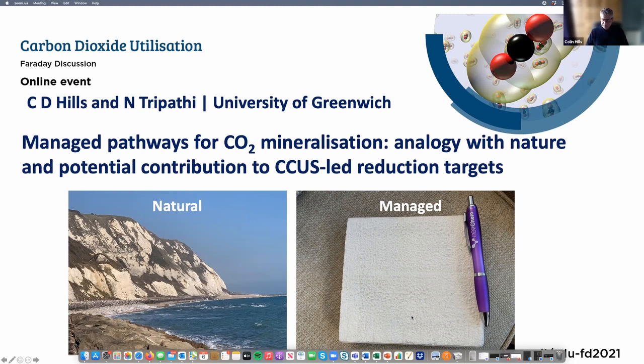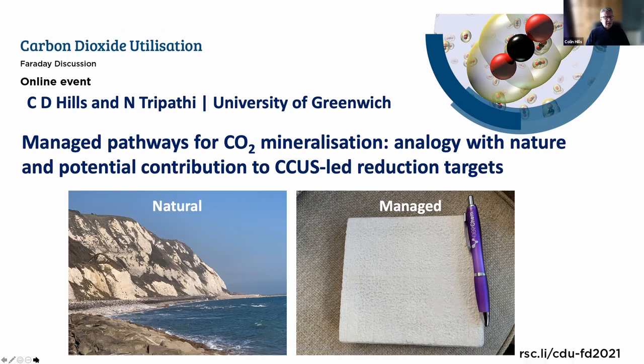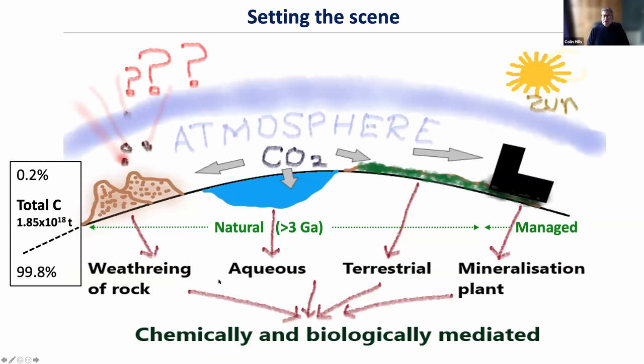the government. So I'm going to move to my next slide, which is a much more simple representation of the one that Katy showed a few minutes ago. In our natural system, CO2 from the atmosphere is used to weather rocks by nature. It is taken into the aqueous environment, into the terrestrial environment, where it's largely chemically and biologically mediated.